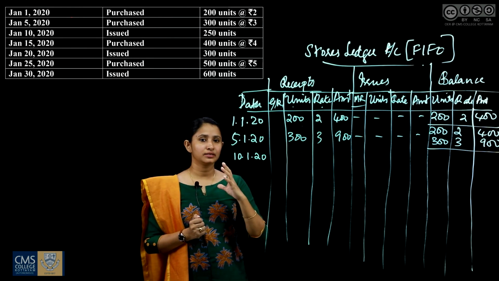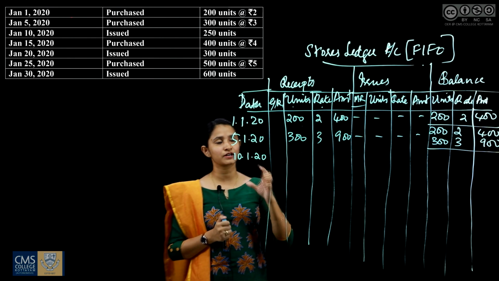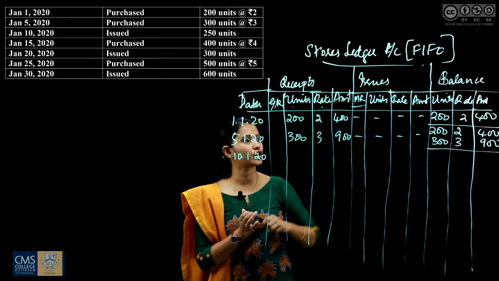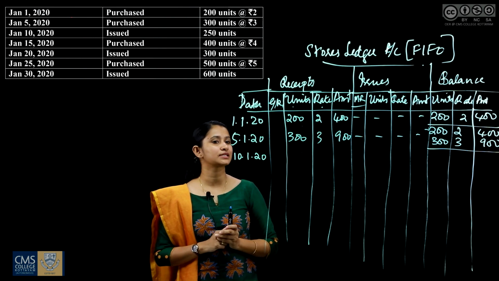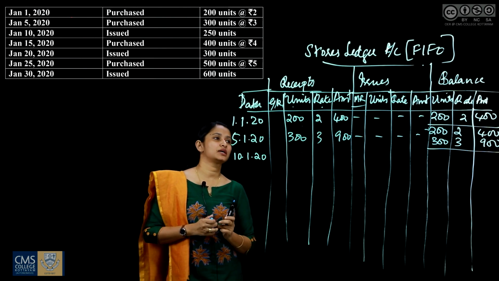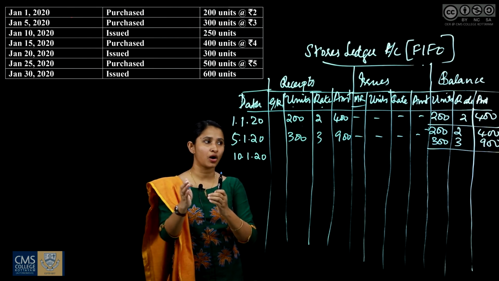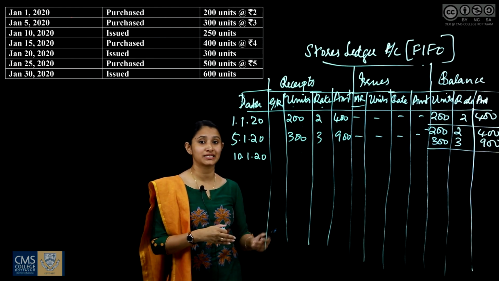As per the first in, first out method, we have to issue the first lot first. But they have asked us for 250 units, and in the first lot there are only 200 units. So we have to take all those 200 units first, finish it off, and then take from the second lot.